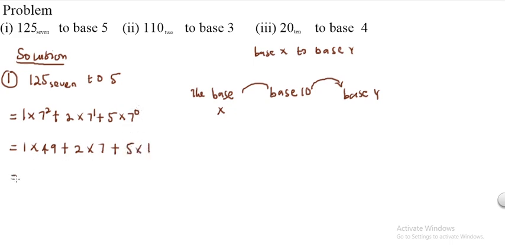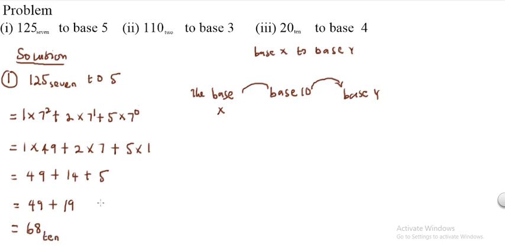From here, this is equal to 1 times 49 is 49, plus 2 times 7 is 14, plus 5 times 1 is 5. If you add up all these things, 14 plus 5 is 19, and 49 plus 19 is equal to 68. So this is 68 base 10.